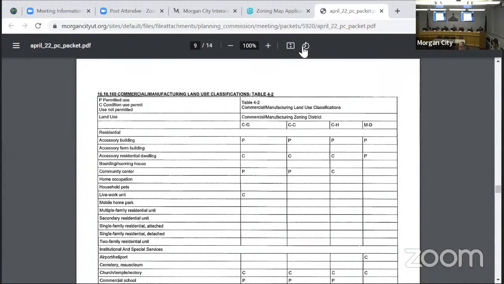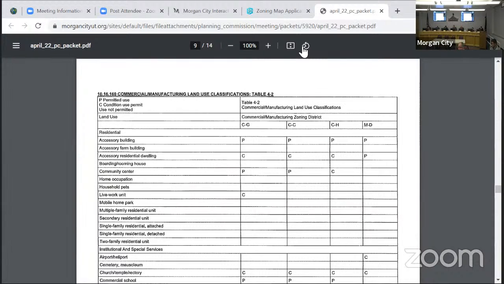These different codes in the table, we can see P is a permitted use, C is a conditional use, and if it's blank, it looks like the use is not permitted in that particular zone. So that's what we're trying to do, is look at this and say, is this still appropriate? Should we be looking at additional uses, being maybe a little more inclusive or exclusive in what's permitted versus what's conditional in these zones, and kind of go through this.